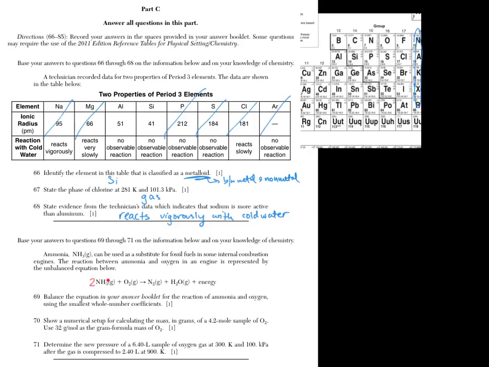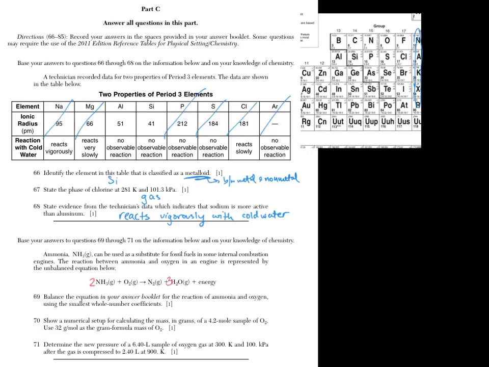Originally we only had 3, but now that we put a 2 here, we doubled the amount, and we get 6 hydrogens on this side, which means on the other side we should also have 6 hydrogens. In order to balance that out, we're going to put a 3 right here to make it 6 hydrogens as well. Because originally there are 2, if you put a 3 there, you make it 6.